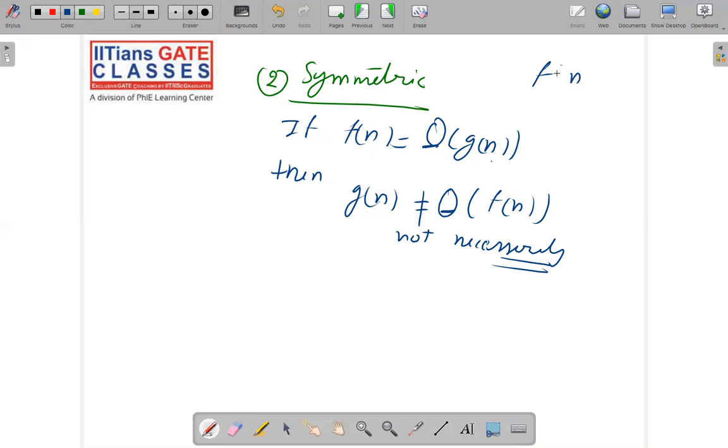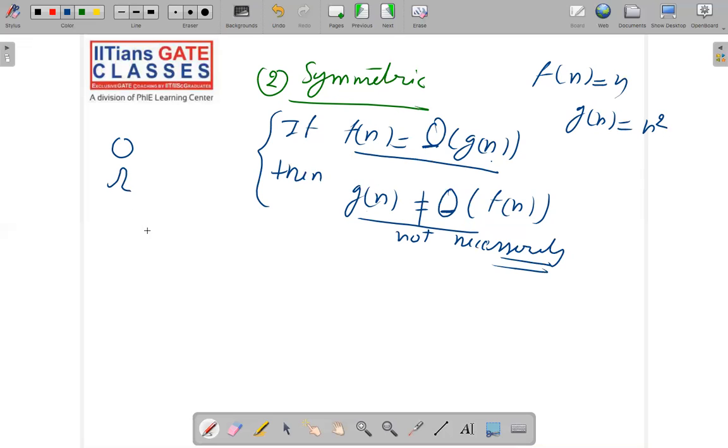Because suppose Fn equal to n and Gn equal to n square, this is true, but the reverse is not true. So symmetric property is not satisfied in case of big O or omega, but it will be satisfied in case of theta.